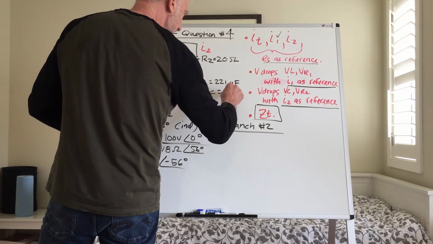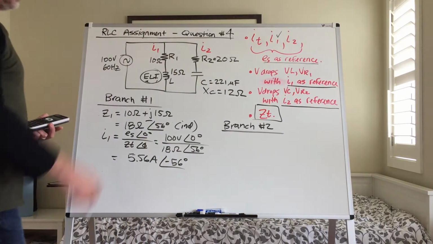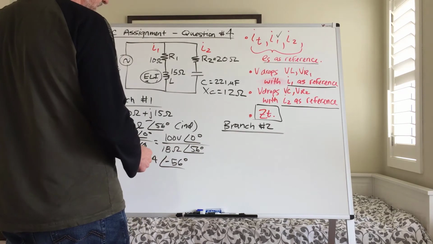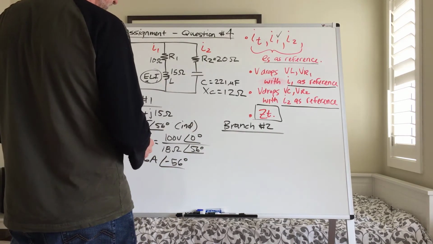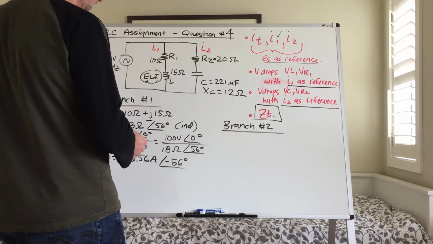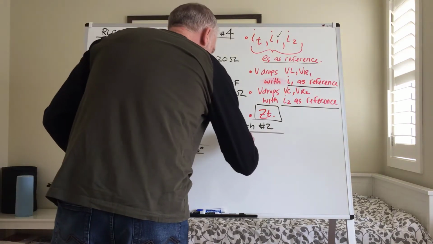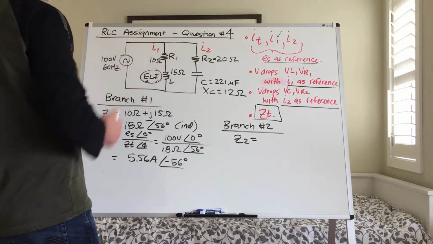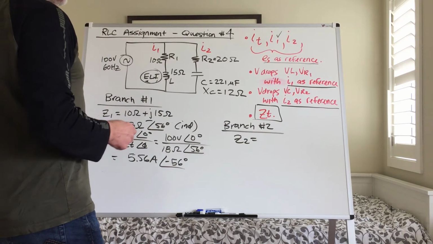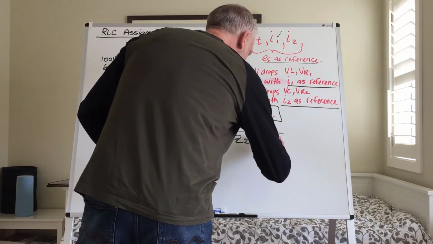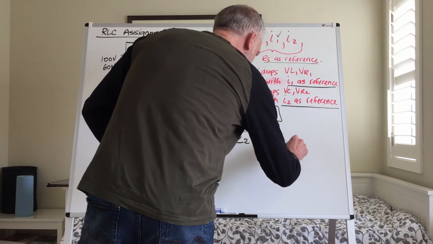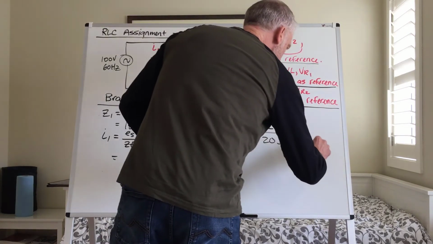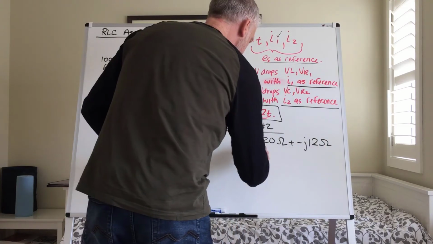XC equals 12 ohms. If we look at our impedance, we could draw a triangle and represent it that way using the rectangular values. In this case, our Z2 series impedance, one that can come directly from adding those values together because it's in series, would be 20 ohms plus minus j12 ohms.